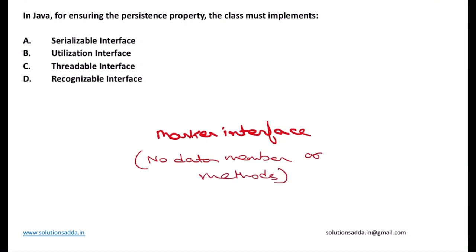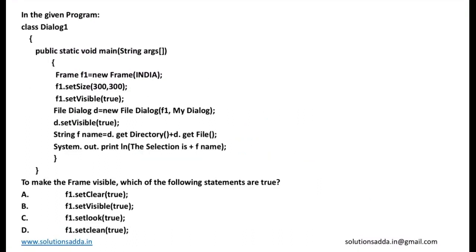So it is used to mark the Java classes so that object of these classes may get a certain capability. We implement this serializable interface for those classes whose object we want to persist. Therefore, the correct answer for this question is option A, serializable interface.